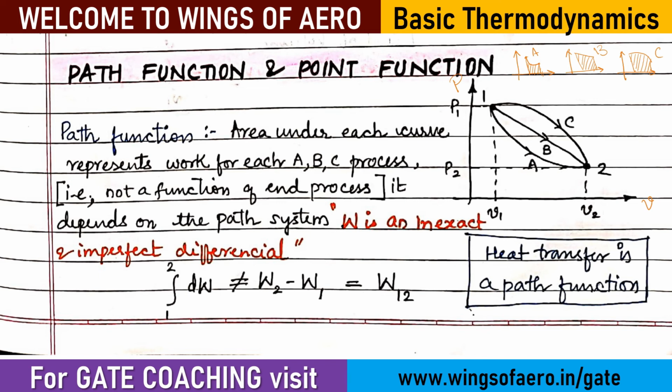That means it is not a function of the end points. It doesn't depend on the final result you are getting. It is all about which path you are following.